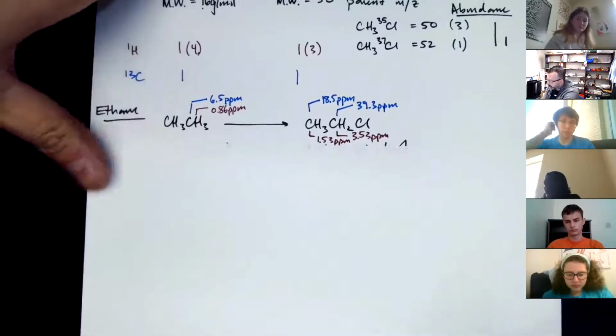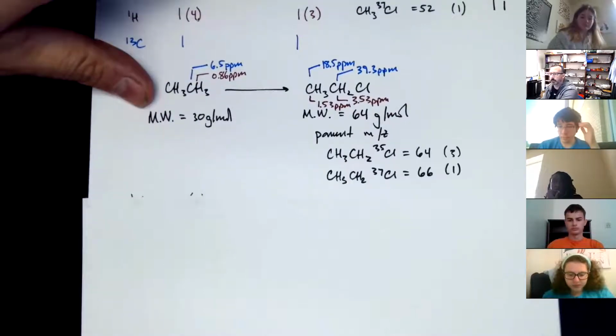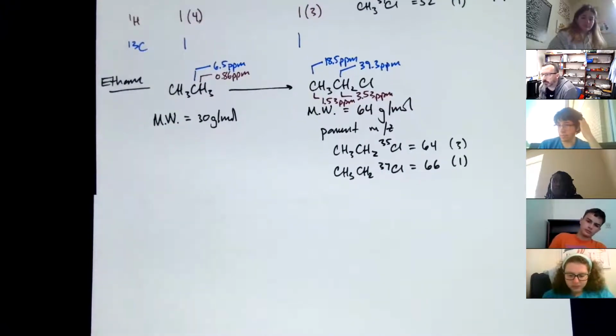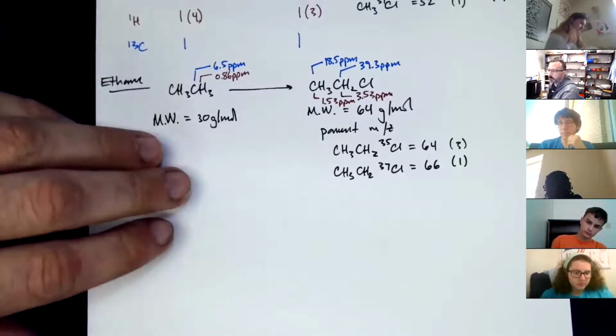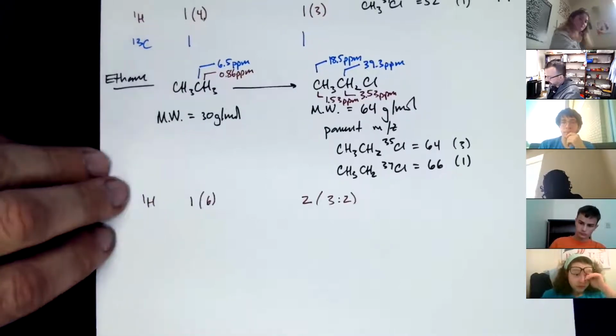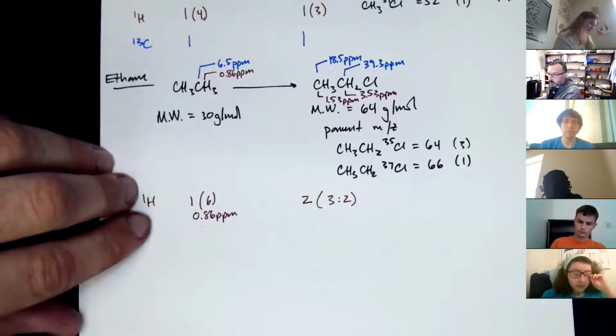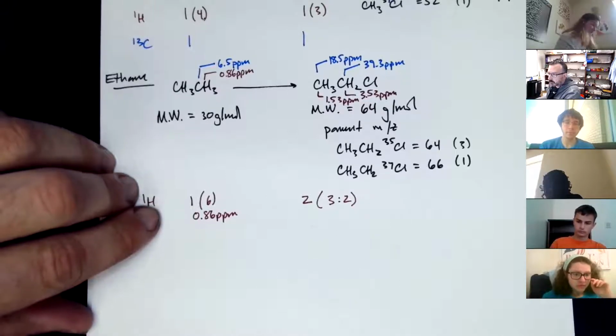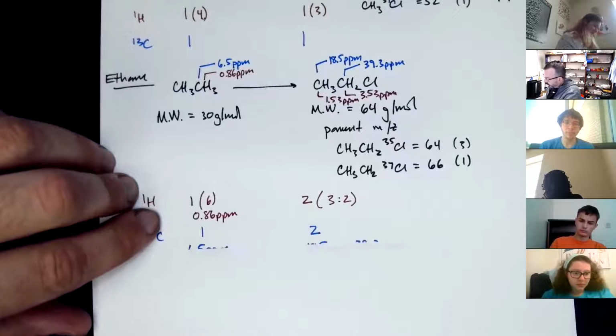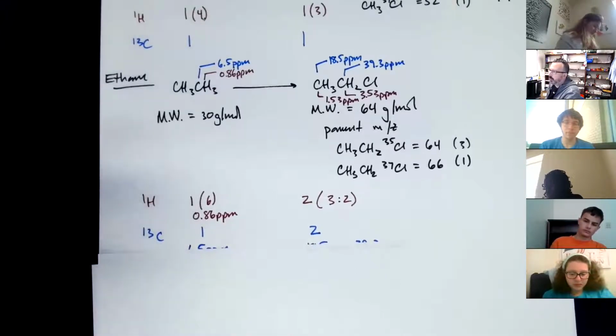So here's the data for ethane. So the mass spec is telling you molecular weight in a sense, right? Weight is a phenomenon due to gravity.